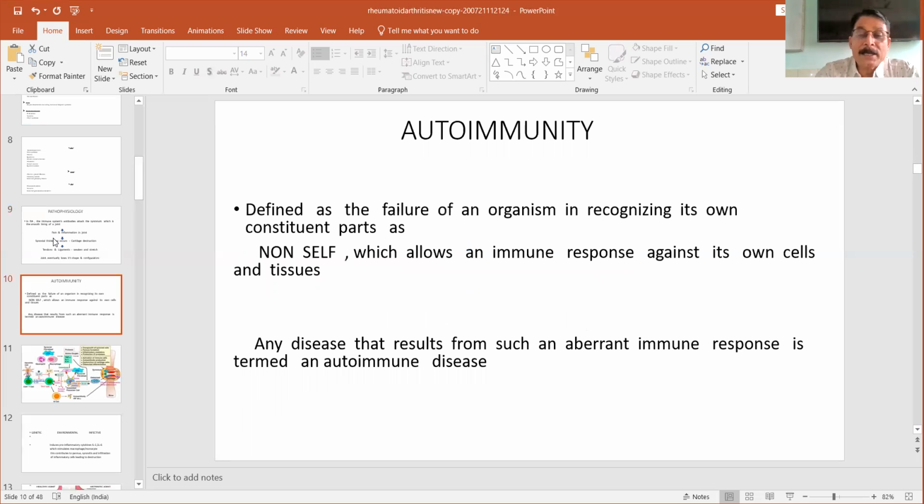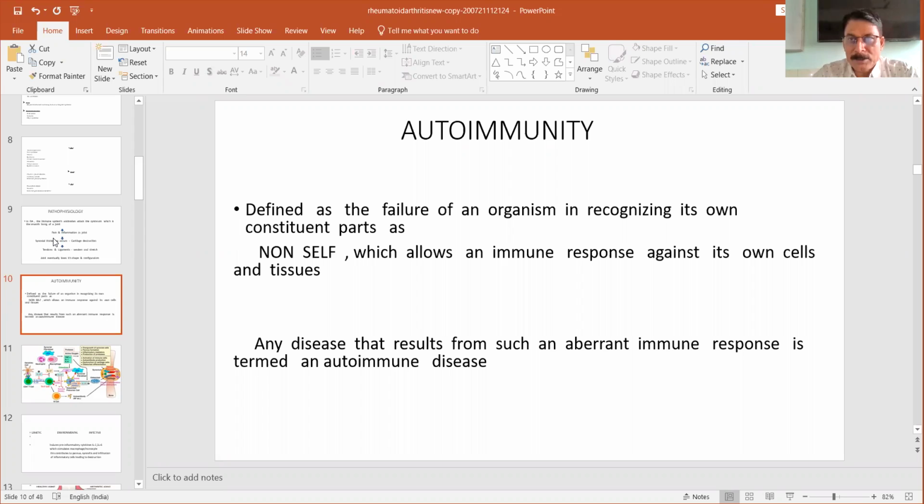But what happens inside is autoimmune. The whole thing happens because of autoimmunity, defined as the failure of the organism to recognize its own constituent parts. The body is developing antibody against its own structure. That is the main reason.